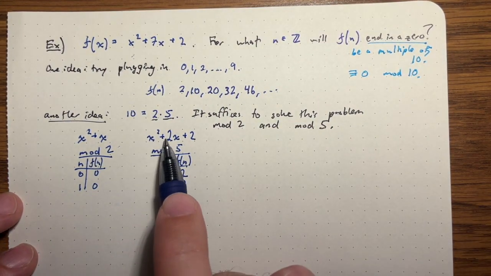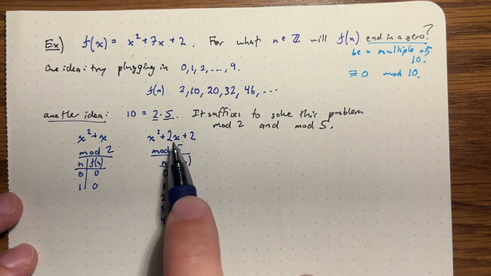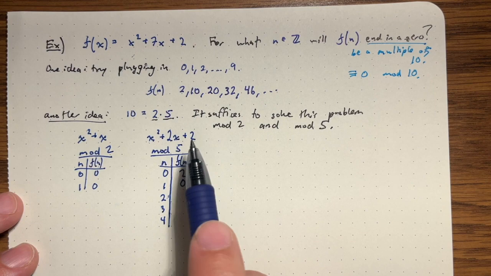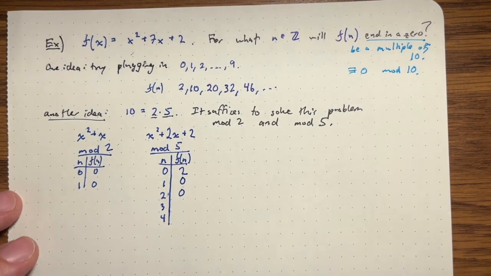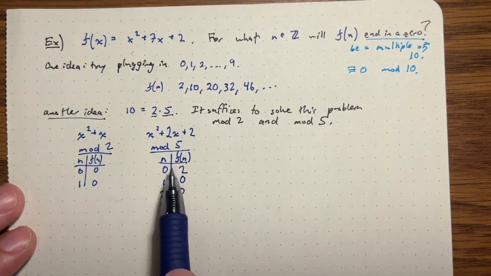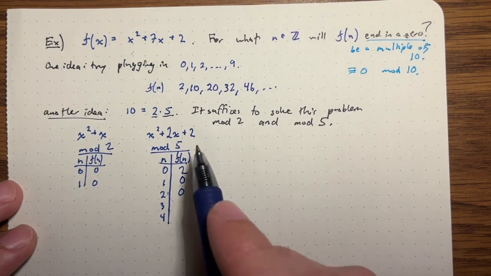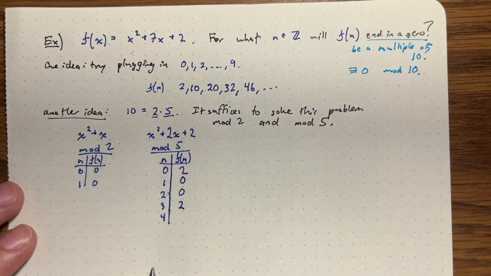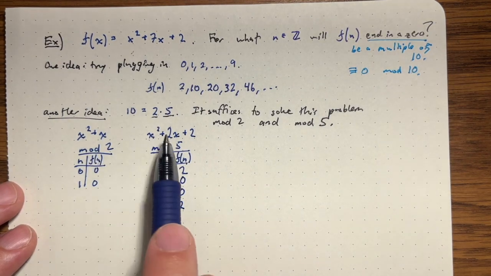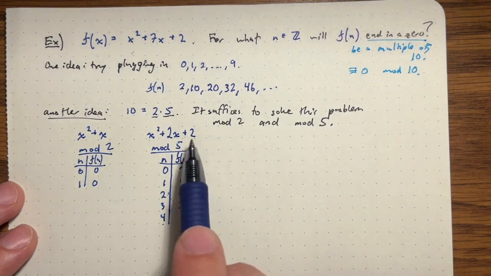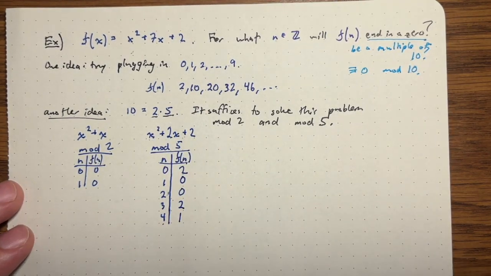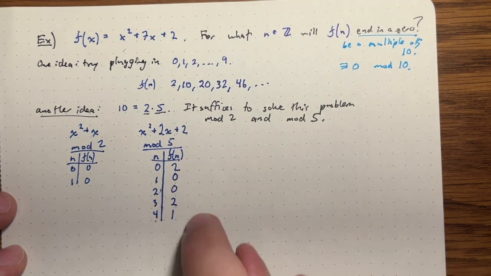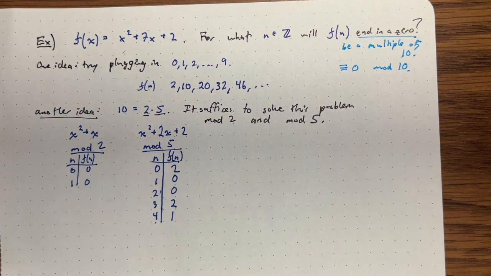F of 2 is going to be 4 plus 4 plus 2, which is 0 mod 5. F of 3 is going to be 2 mod 5. F of 4, 4 squared, 26, which is 1 mod 5. Okay. So these are all the possible values of my polynomial mod 5.